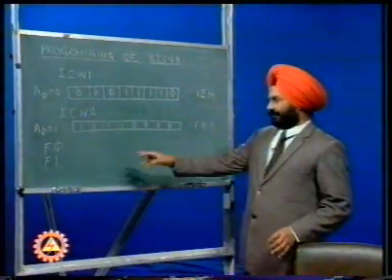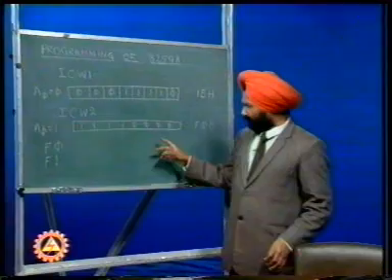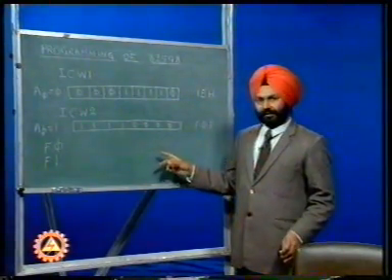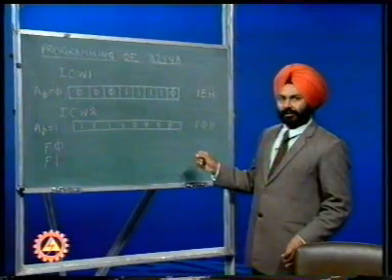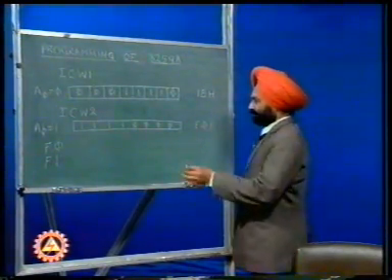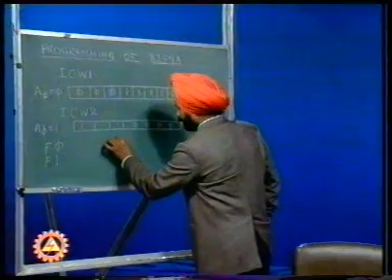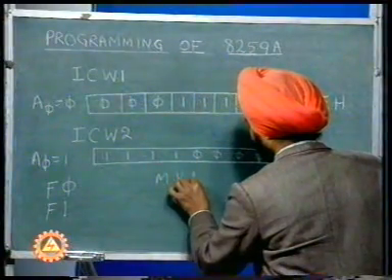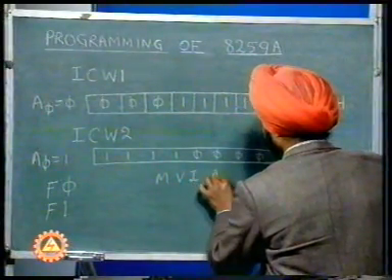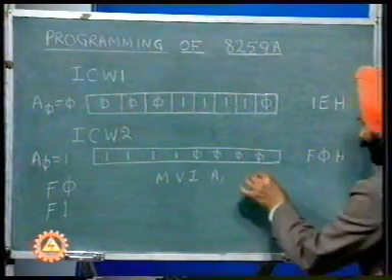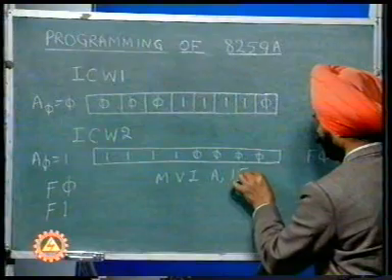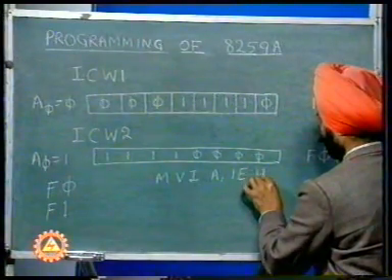So, with this we can write a small program segment for the initialization of ICW1 and ICW2 into the controller. For that, we first load the ICW1 into the accumulator of the microprocessor. So, 1E is loaded into the accumulator here.